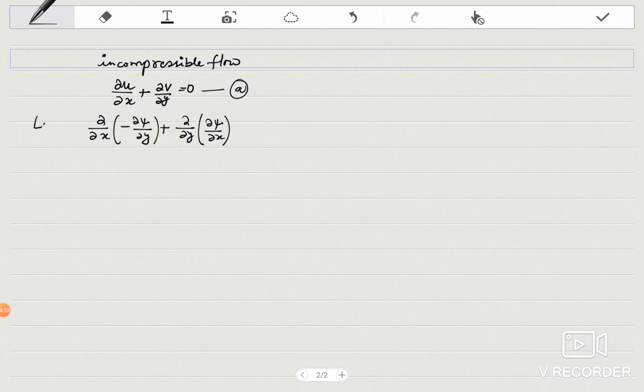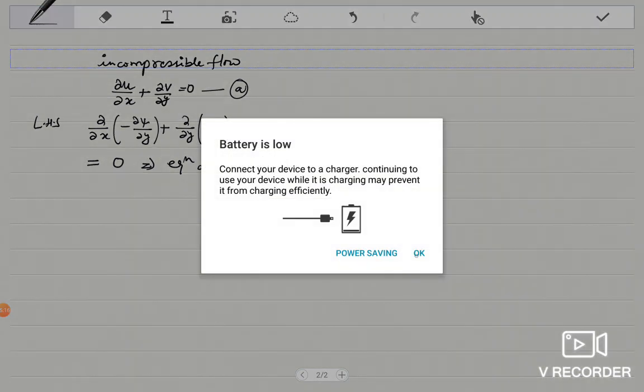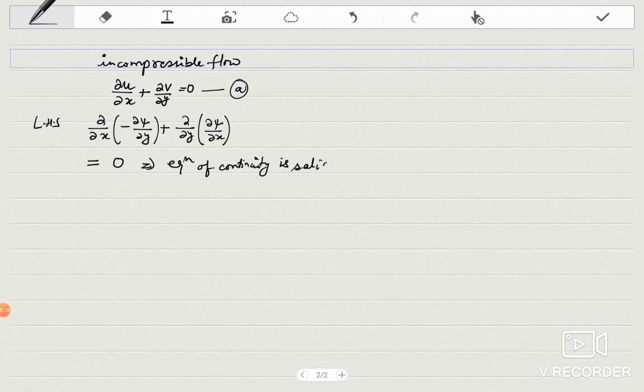This is the left hand side, and solving it you get 0. So this implies the equation of continuity is satisfied, which is the necessary condition for a flow to be possible.